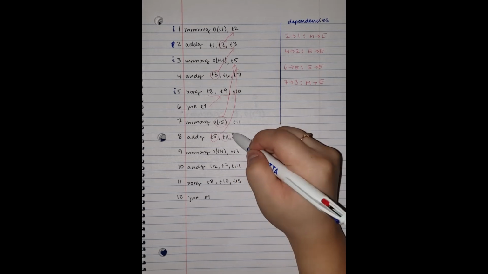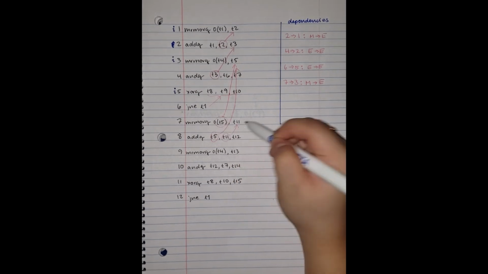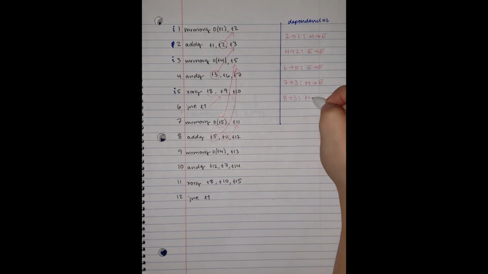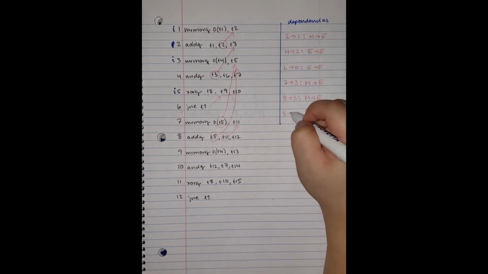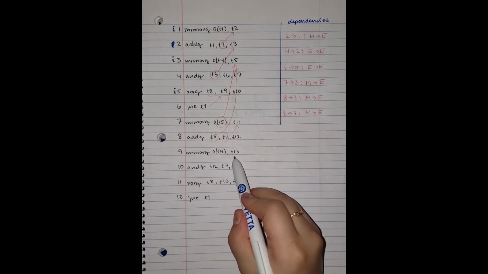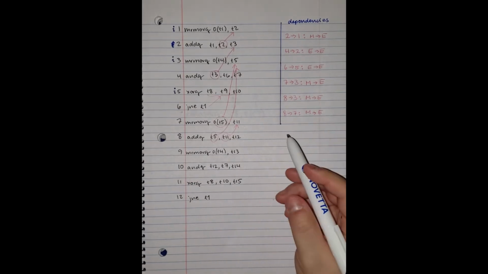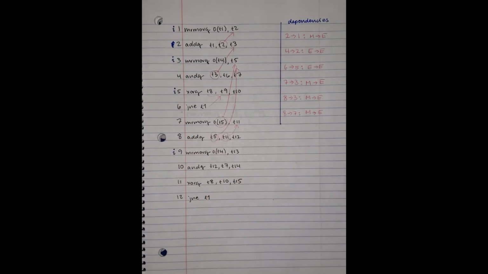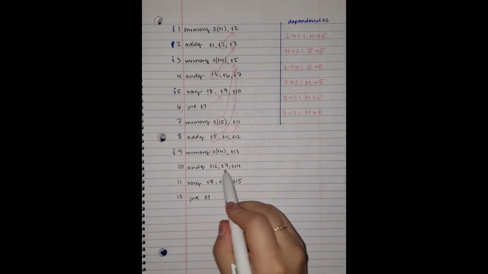Also in that instruction, T11 depends on instruction 7's T11. So that is, again, a memory to execute forwarding. In instruction 9, the T4 does not depend on anything, and the T13 also does not depend on anything. This means we can mark it as an independent instruction.